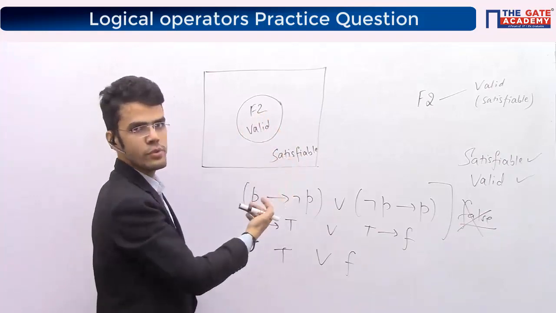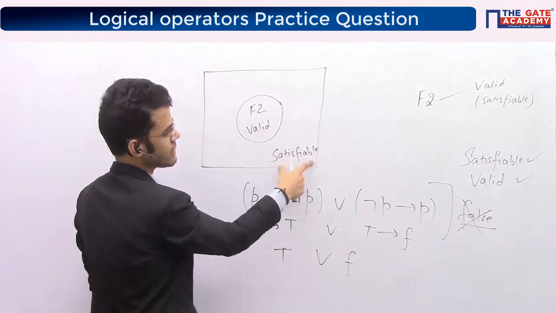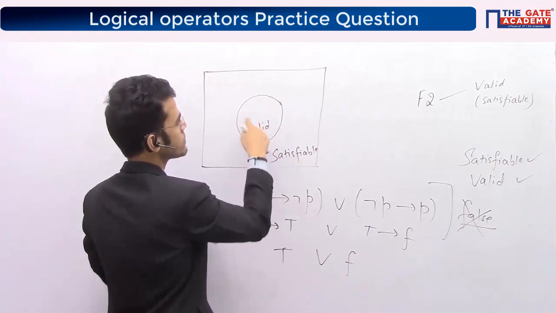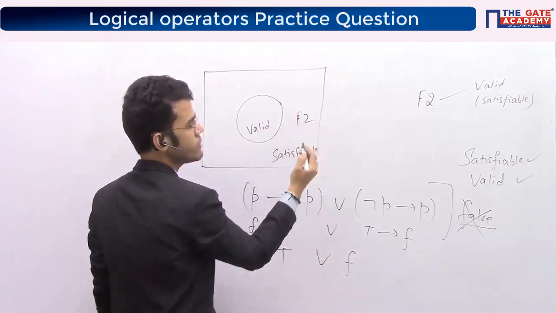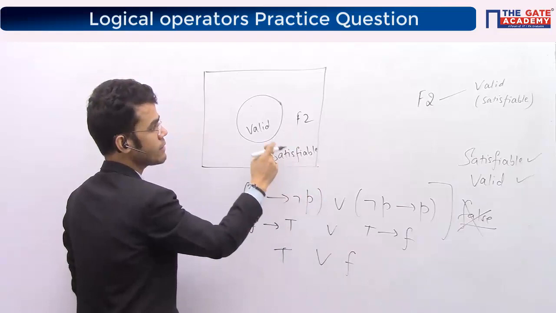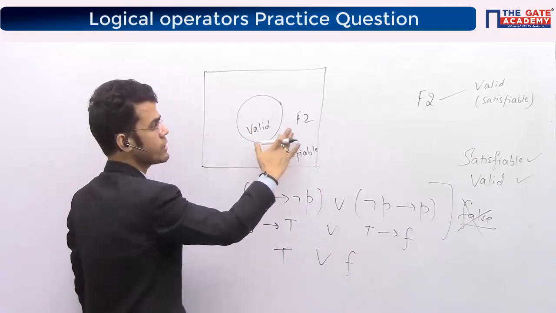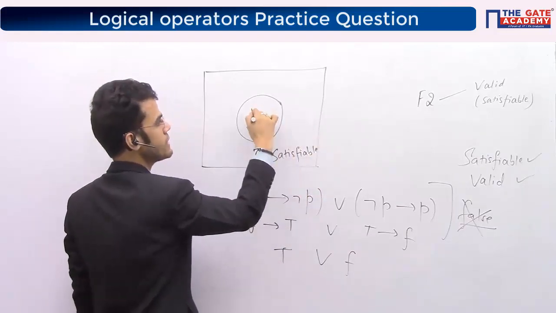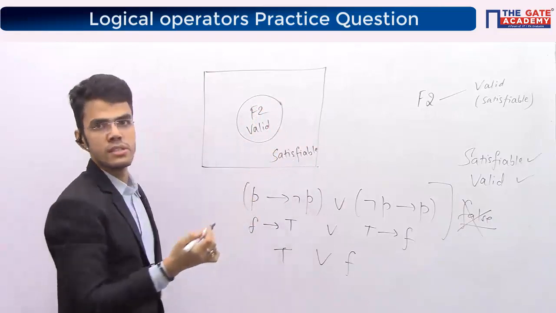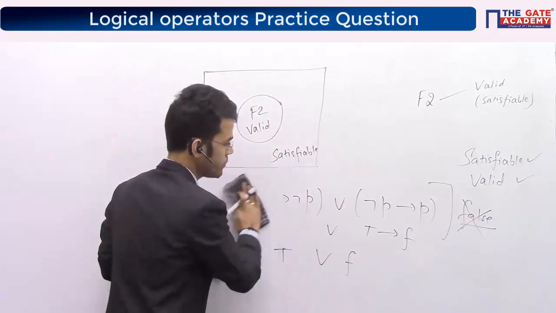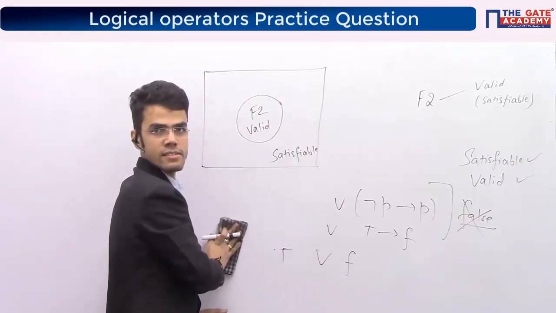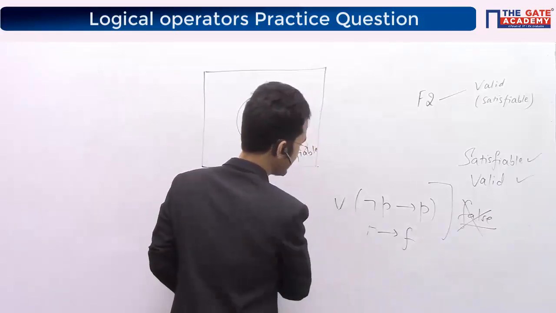If some other person reads it, they will say, okay, F2 is valid and satisfiable as well. But if I put F2 outside and say F2 is satisfiable, what will you say? Okay, F2 is satisfiable but not valid, which is conveying the wrong information, right? So F2 should be put in this diagram, and hence I am saying that F2 is valid. Hopefully it is clear.